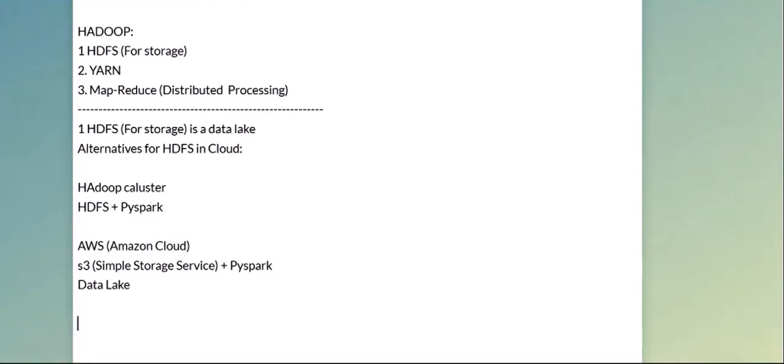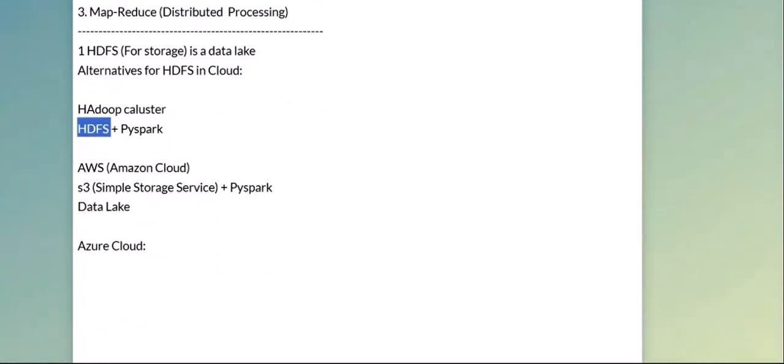And when we talk about Azure Cloud, what is the alternative of HDFS? What is the data lake here? So the data lake here is ADLS, Azure Data Lake Service Generation 2. Plus, we can use PySpark through Databricks etc. So this is the data lake.